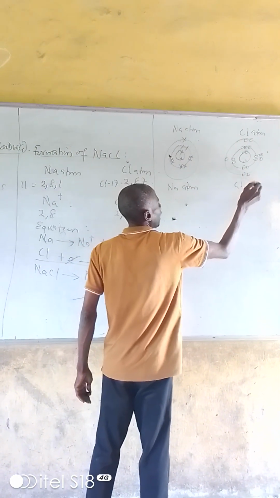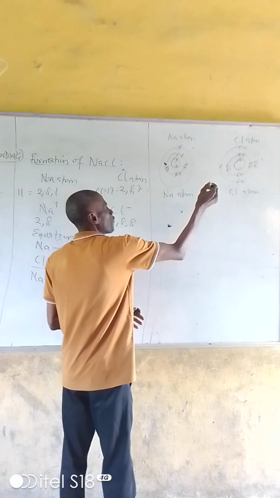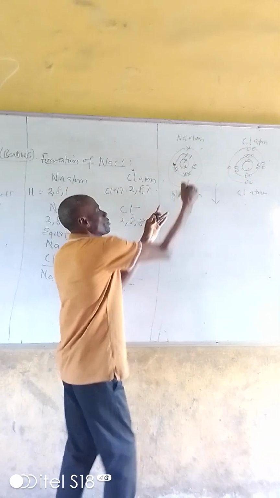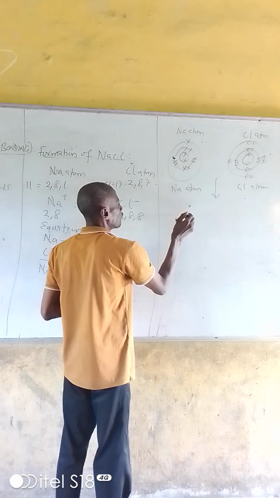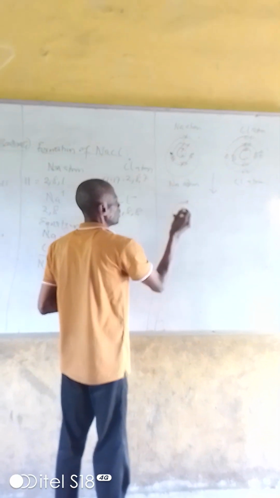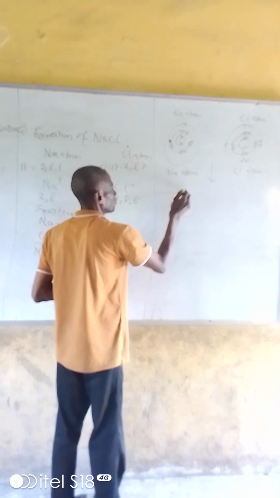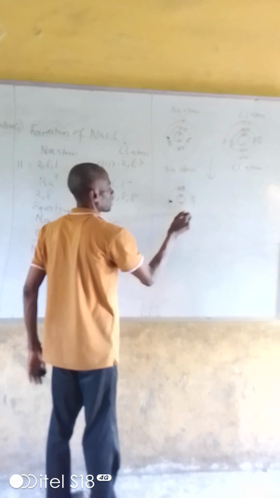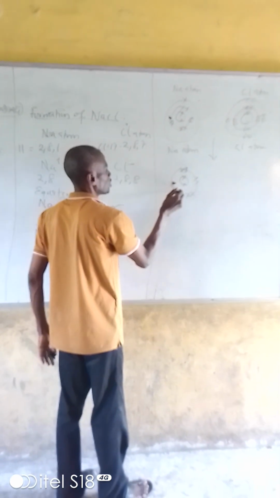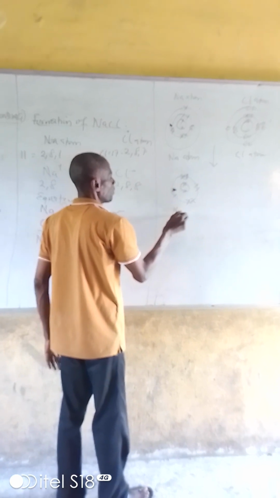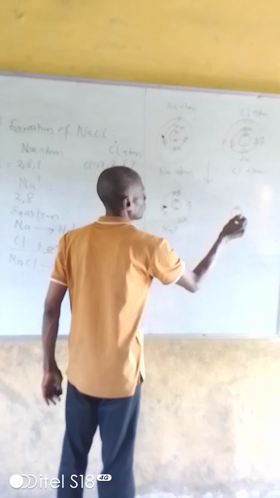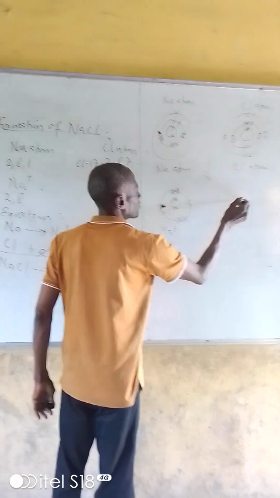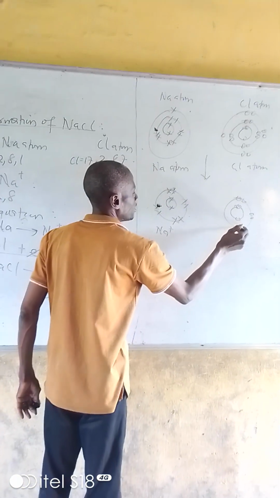And then the chlorine atom. So by the time they form, sodium transfers its electron to chlorine. Sodium will have reduced to the 2, 8 that we have drawn here. You can see 2, 8. Very well. Na+, and then chlorine ions 2, 8, 8 like this.